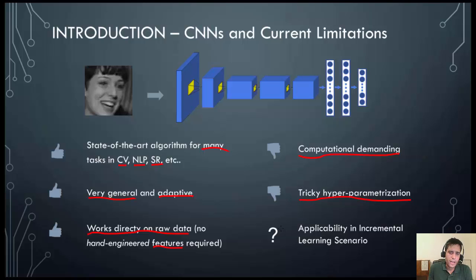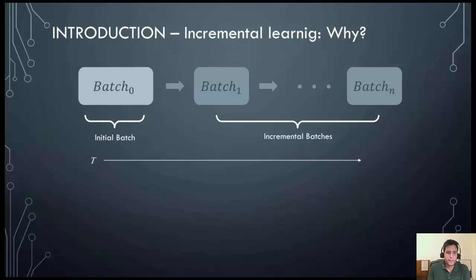What we don't actually know is their applicability in an incremental learning context. This is because there are very few papers about the use of artificial neural networks and convolutional neural networks in the incremental learning scenario. So let's say that we are in this context where we want to classify different faces belonging to many subjects.